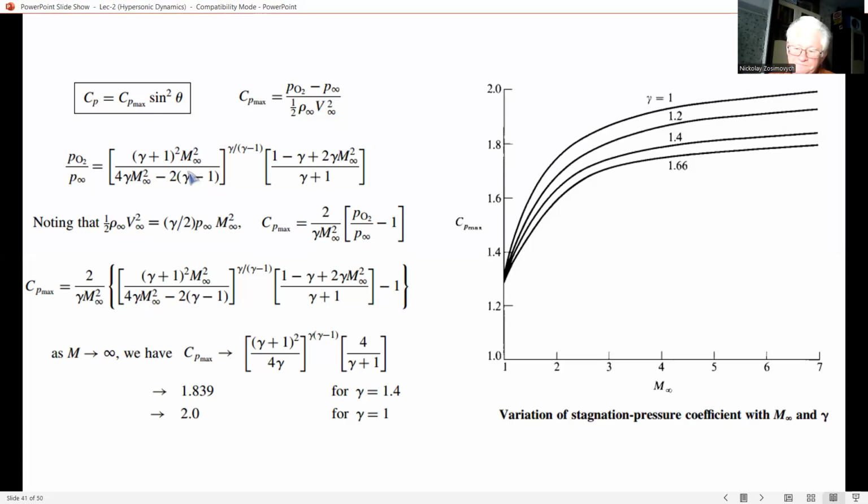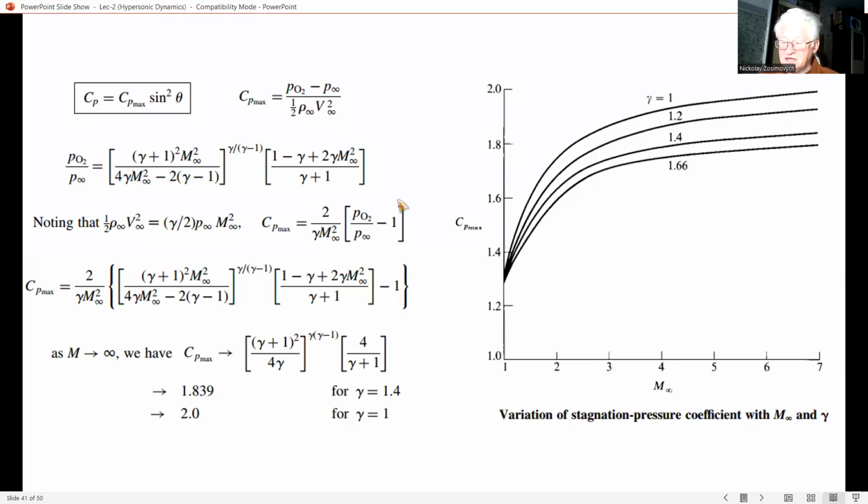Noting that half rho V squared equals half gamma p infinity M squared, we can write Cp maximum as 2 over gamma M squared times the second component, p02 over p infinity minus 1.